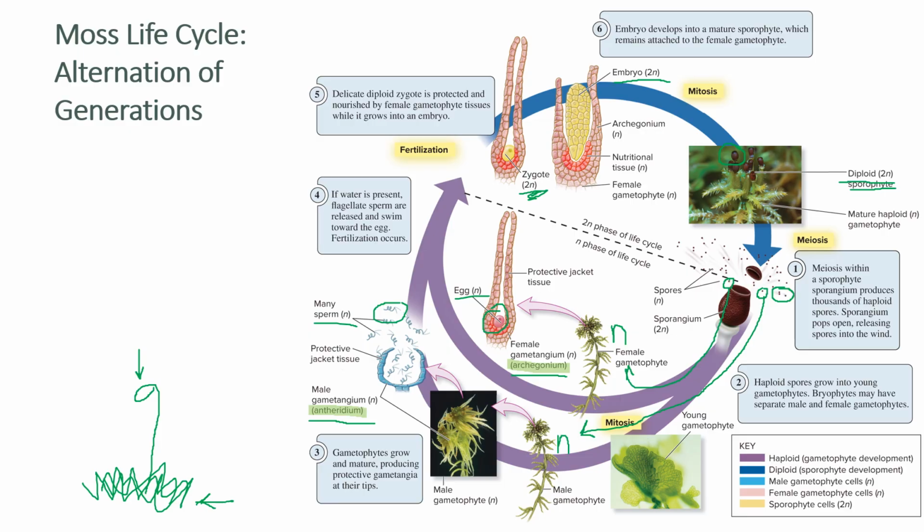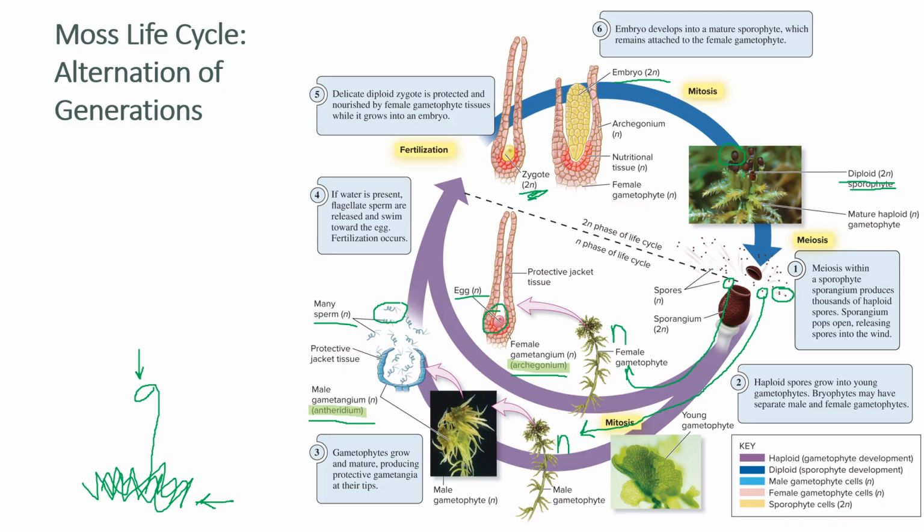So I would suggest that you go through and write down each of these steps. Step 1, meiosis within the sporophyte. Step 2, haploid spores. Write them down and draw a really quick diagram. You don't even have to draw the structures. You could sketch the structures, or you could just describe what it is.